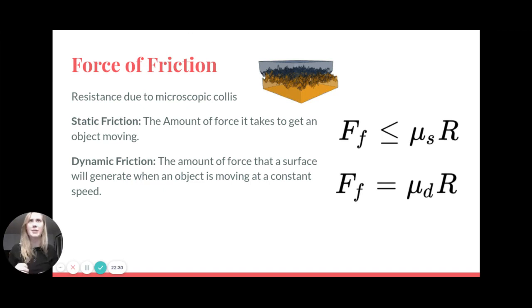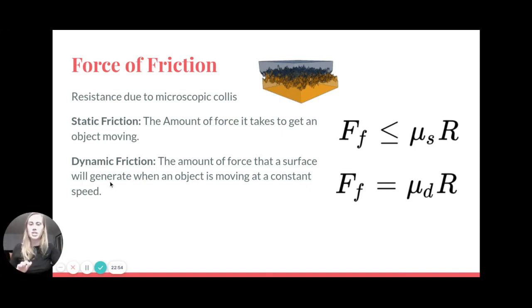And so I like to think about this as if like this blue surface had been sitting there for a long time. Force of gravity would push it downwards and all of the little peaks would fall into the valleys until it was nice and nestled in and they were kind of almost glued. And so when I have to start to move this object, I have to push it until it goes up the little peaks. And so I have to give it a little extra.